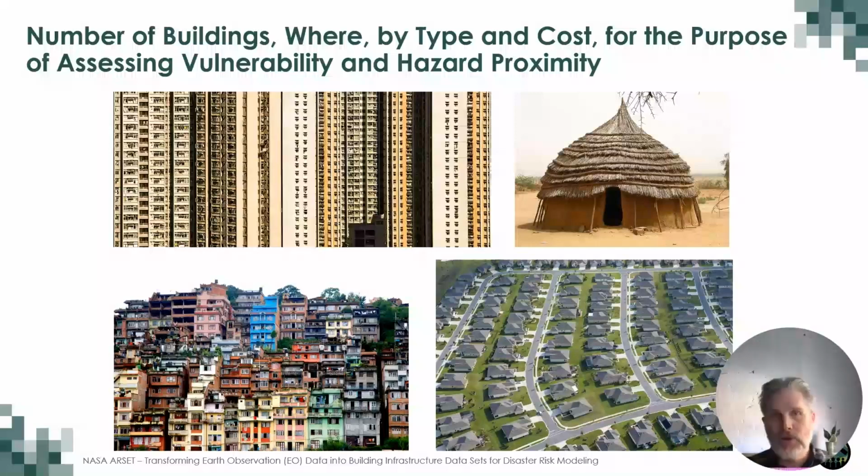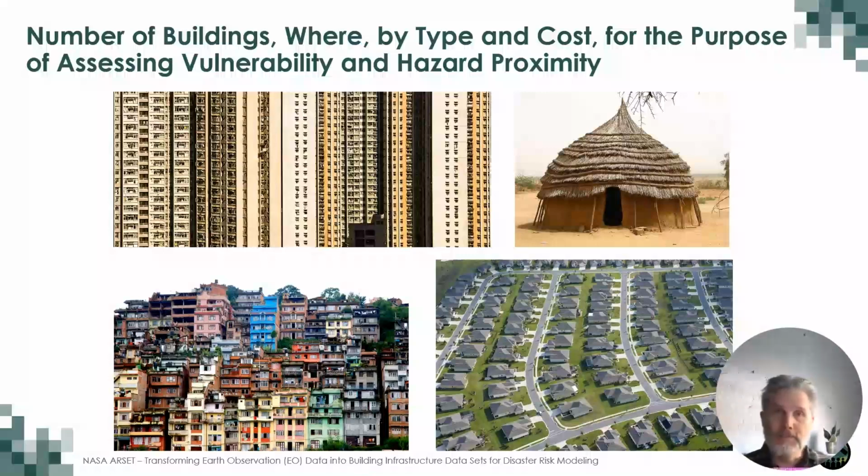Very high-rise residential construction, what we would call informal or unengineered construction, though a very impressive hut here on the upper right. Very typical apartment building blocks, in this case on a very high hazard area, set on a hillside, and then very typical single-family residential, probably American construction, modern engineered structures.